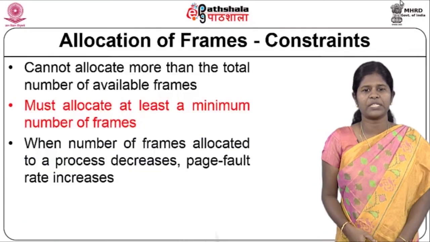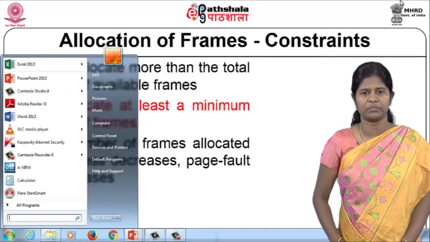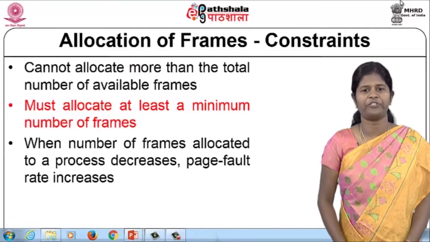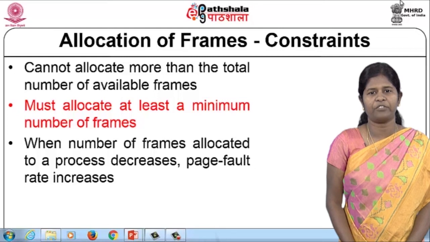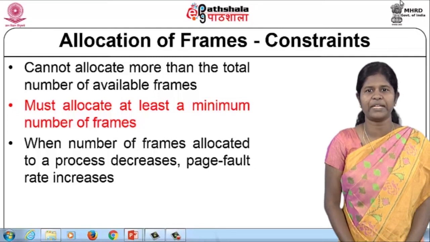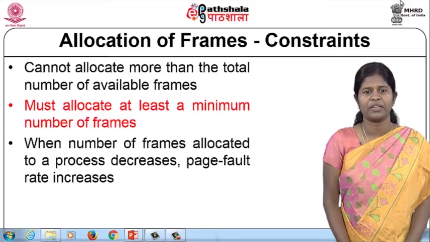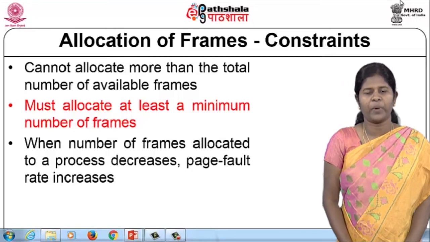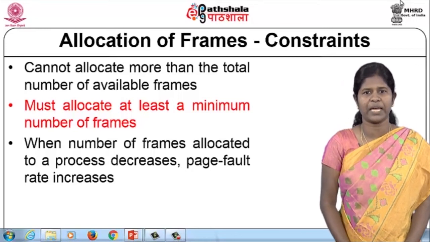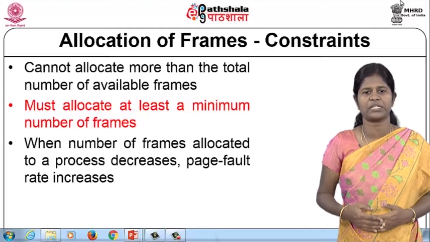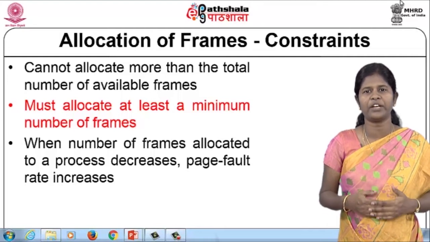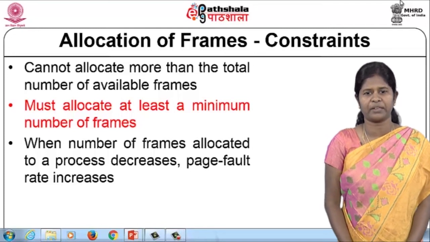Another point is that you must allocate at least a minimum number of frames for each process. And when you allocate frames to a process, suppose in due course of time the number of frames allocated to a process decreases, then the page fault rate for that process will increase.